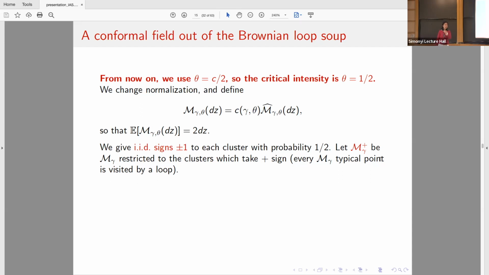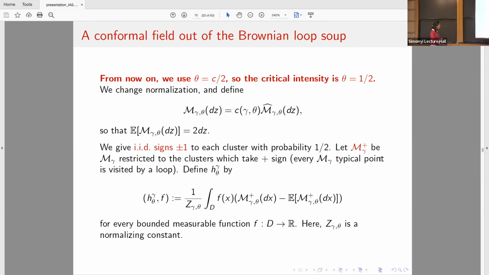This restriction makes sense because the multiplicative chaos measure is supported on points of the loop soup, and so every M gamma typical point is visited by a loop. So if we restrict the measure to clusters, we don't get 0.